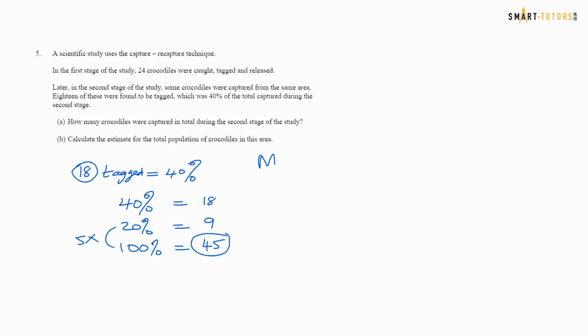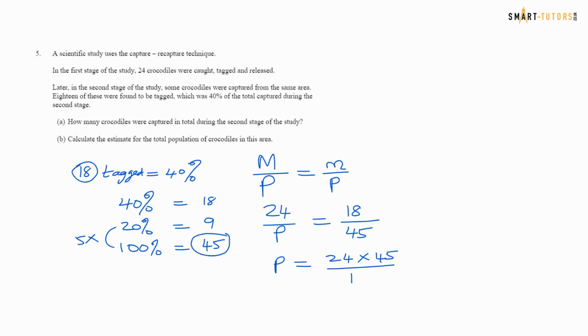So capital M over capital P equals small m over small p. Capital M is what? 24 over capital P. Small m is what? 18 they caught out of 45. So now capital P equals 24 times 45 over 18.